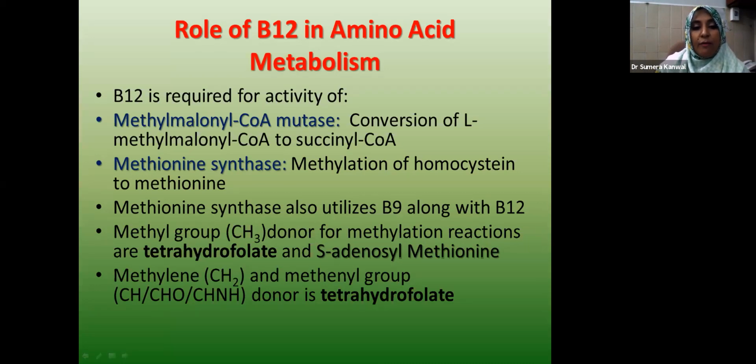If this carbon is in the form of a methyl group, then it is usually transferred from tetrahydrofolate or S-adenosyl methionine. If this carbon is in the form of a methylene or methynyl group, then the donor is tetrahydrofolate. So tetrahydrofolate exists in different forms. It can donate a methyl group, a methylene group, and a methynyl group.